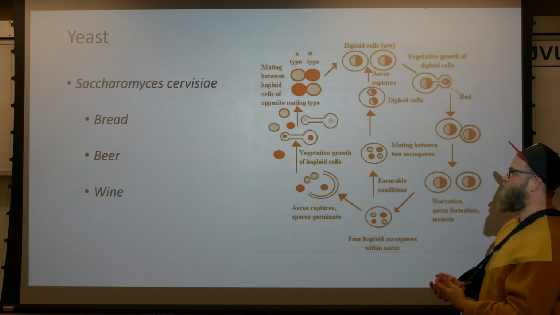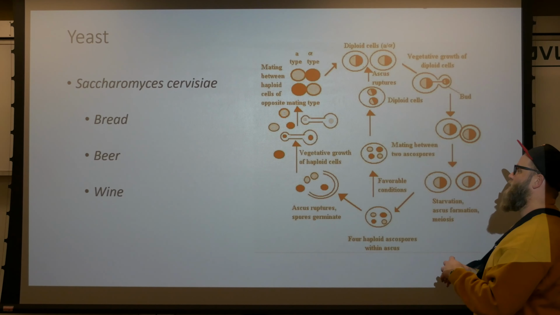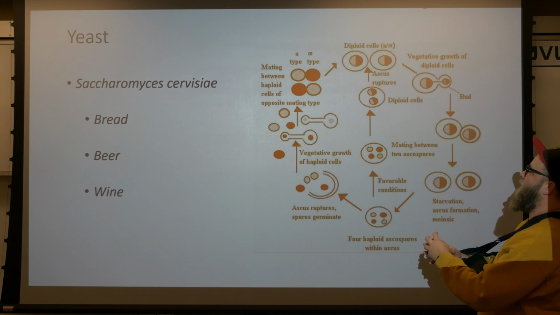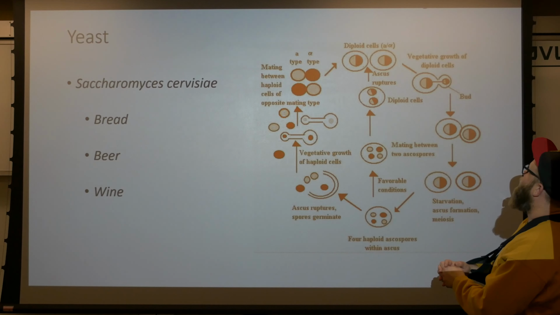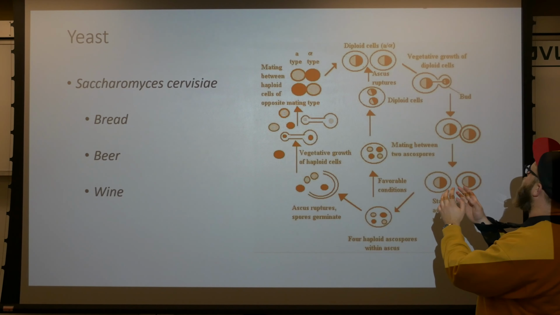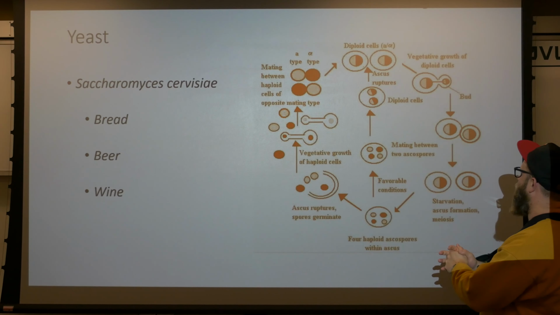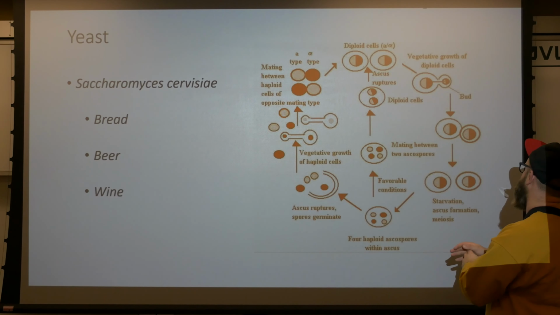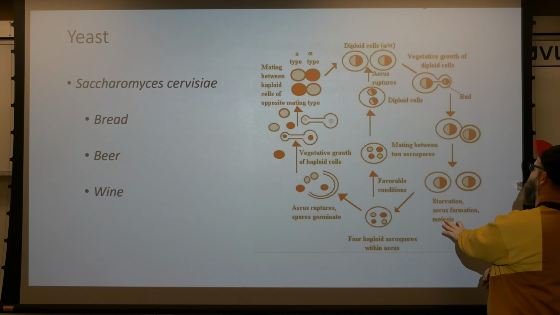And so we've got vegetative growth of haploid cells, and they form hyphae, and then they can mate between those cells, and we can have a diploid stage as well. That can have vegetative growth, and an ascus can form in the right situation, meiosis, and again, we can have the ascospores come.